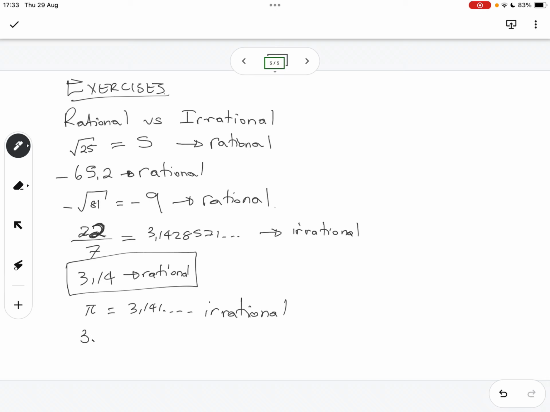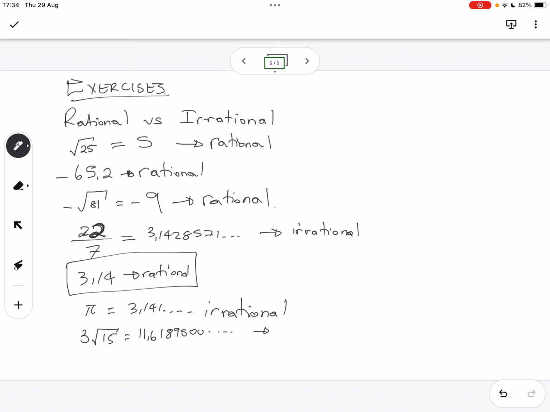Now let's look at this one. It's 3 times the square root of 15. Okay, that's interesting. So let's work that out. So 15 times 3. So we get 11.618950 something.